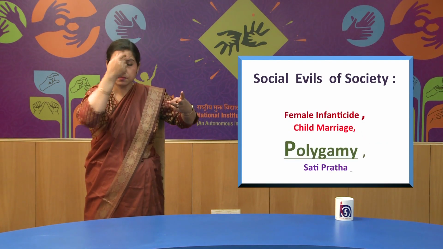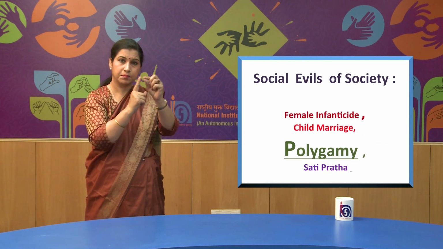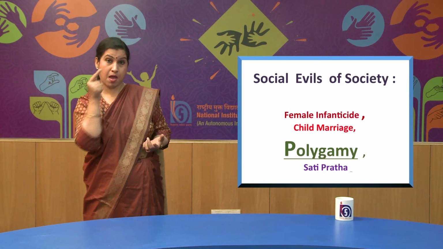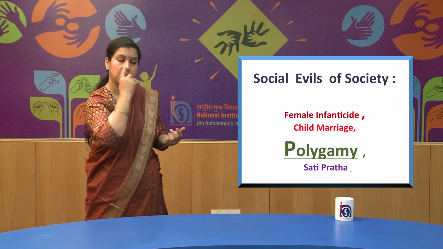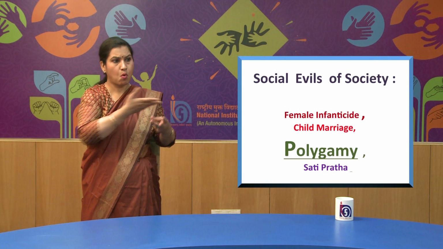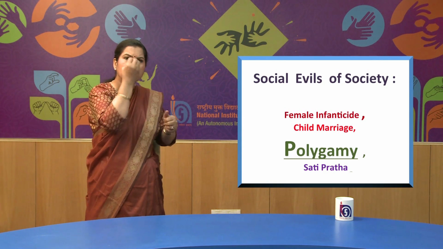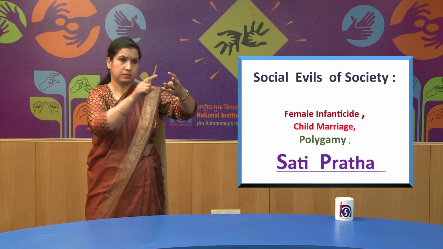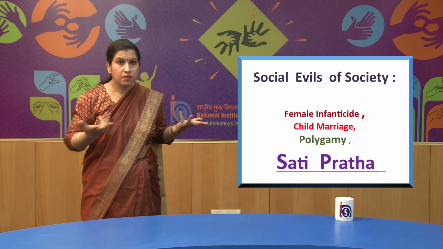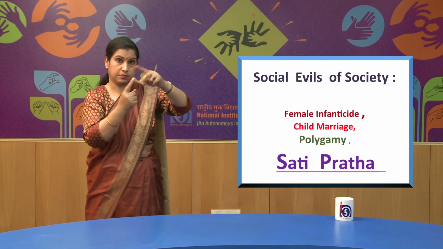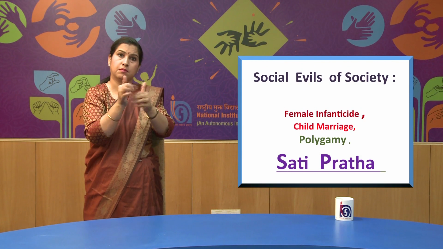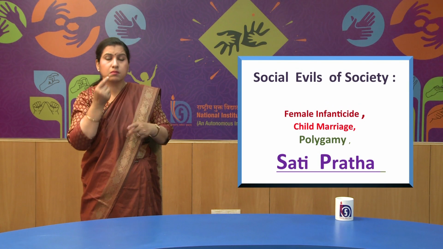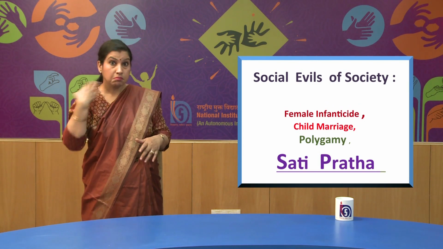The third social evil was polygamy. This means the practice of one man marrying many women. And this practice was also common in the country. The fourth social evil was sati pratha. This is the burning of a widow along with her dead husband.